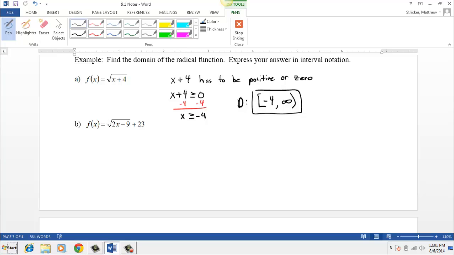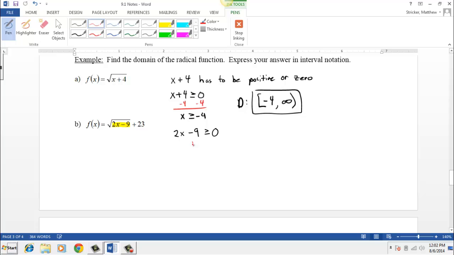So in this next example, we basically have the same thing. It's a little bit more involved because it has this 23 on the end. There wasn't anything outside the square root in example A. But in this example, we're really just concerned with the same part. We're concerned with making sure that the radicand, the part that's underneath the square root, that 2x minus 9, is only positive. So we're going to say, okay, 2x minus 9, again, has to be greater than or equal to 0. And we solve for x.